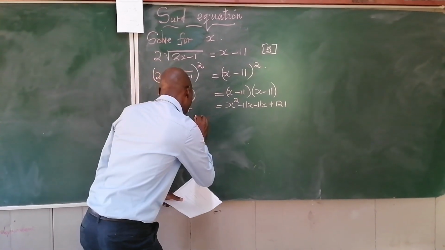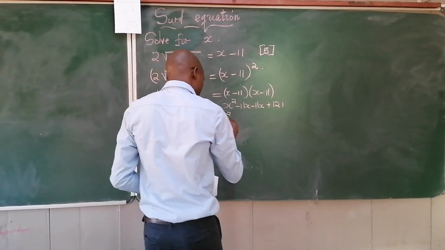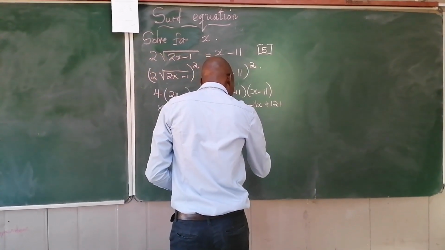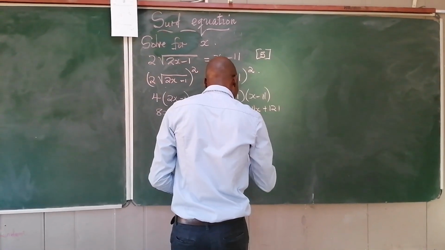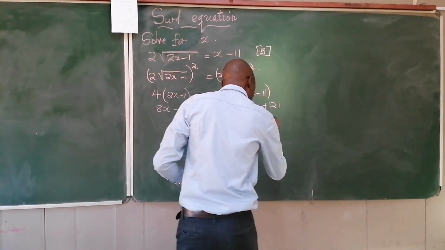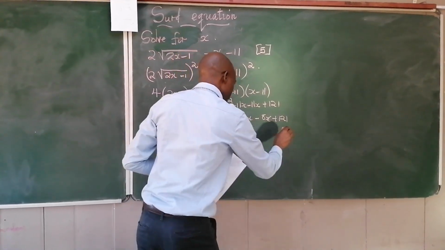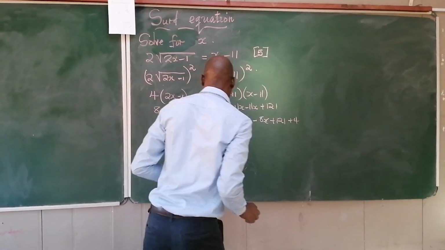So therefore our 0 is equal to x squared minus 22x, that is minus 11x minus 11x, and then minus our 8x, and then plus 121, and then plus 4.